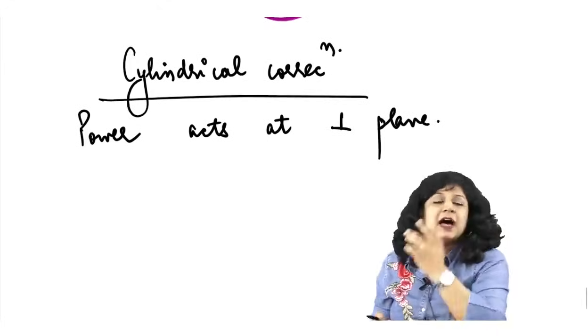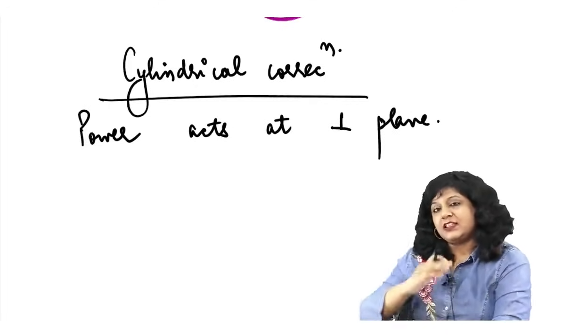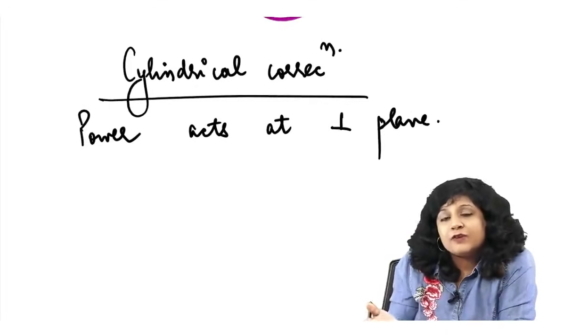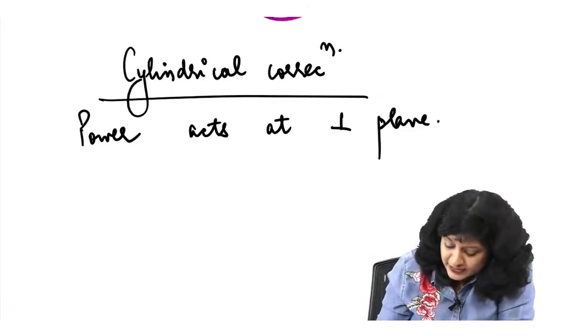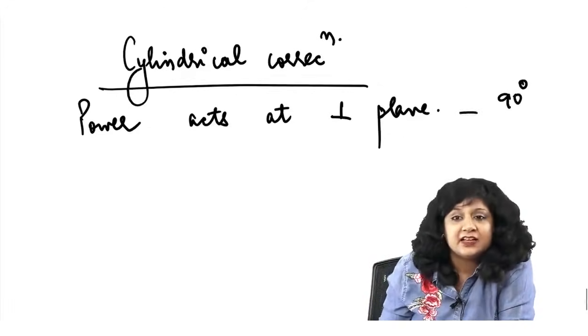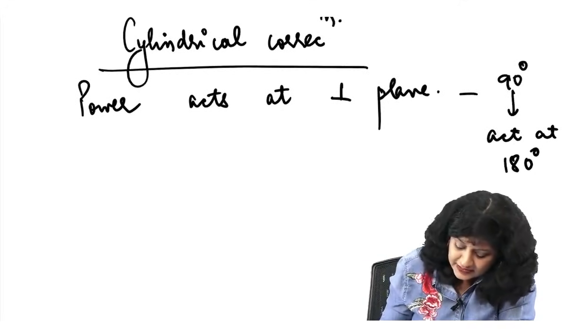Whatever the power of the cylindrical correction you are giving, the power will always act at a perpendicular plane. So if you give it at 90 degrees, it will act at 180 degrees and vice versa.